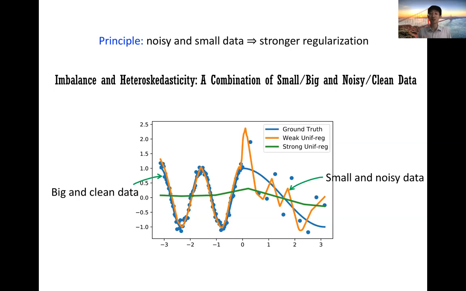You don't have any denoising effect there. However, if you use strong regularization, then you are going to underfit the left-hand side, even though you do have a reasonable denoising effect on the right-hand side. So there's a dilemma. Strong regularization works pretty well for small and noisy data, and weak regularization works pretty well for big and clean data. Which one do you want to choose?